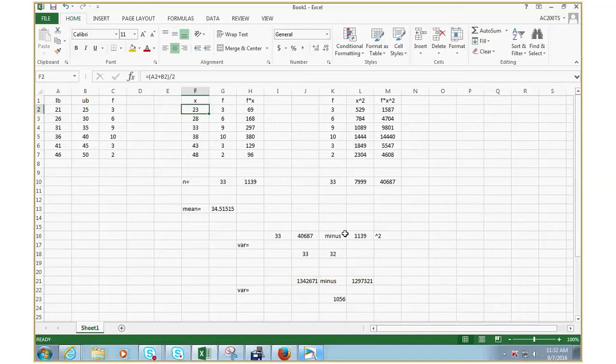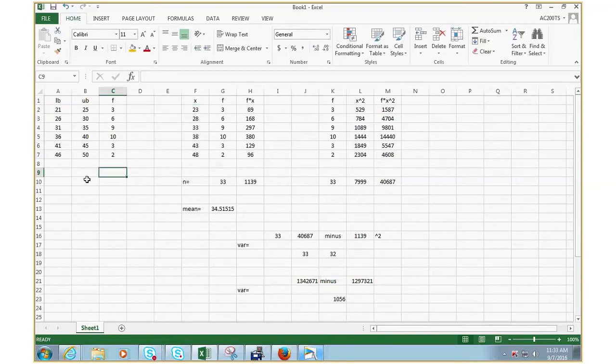You make a column and call it X. Now, hopefully you got the same numbers I got.